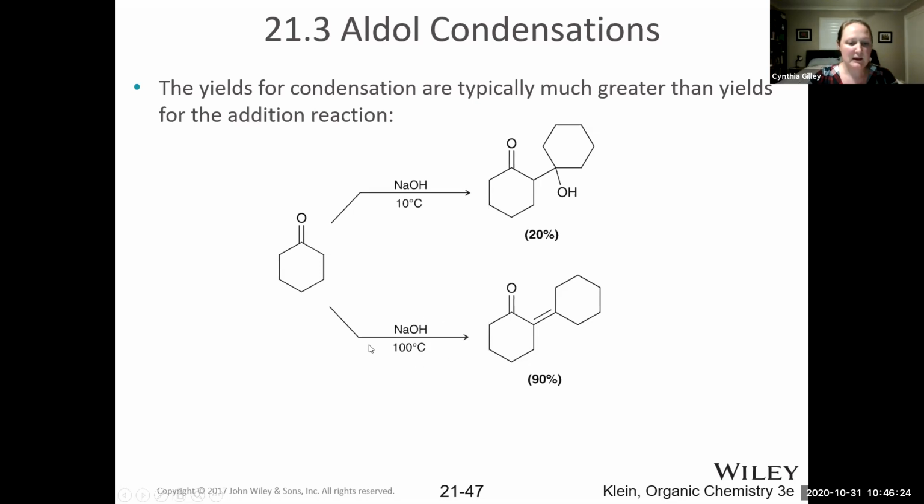However, if we heat the reaction to go past the aldol addition product all the way to the condensation product, the yields increase substantially. That's because by eliminating this alcohol group, we get rid of a lot of the steric hindrance in the product, making this much more stable. As a result, the equilibrium tends to form that.